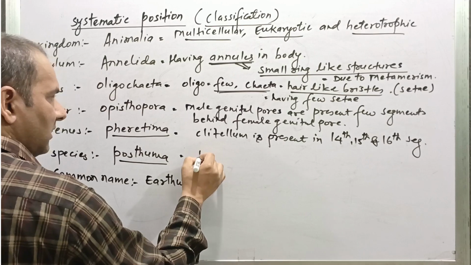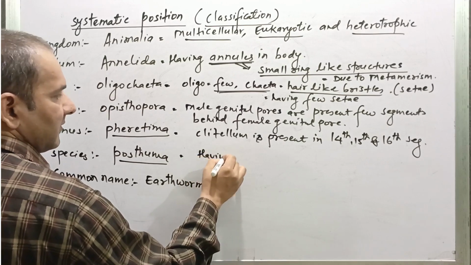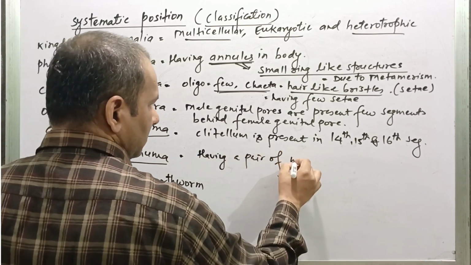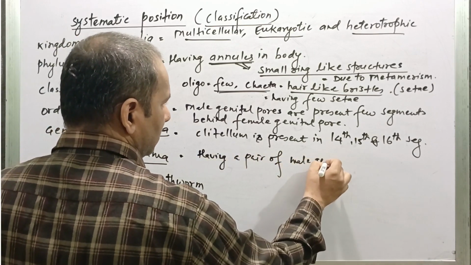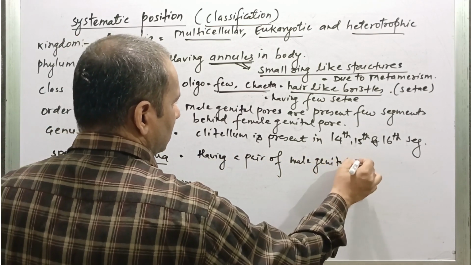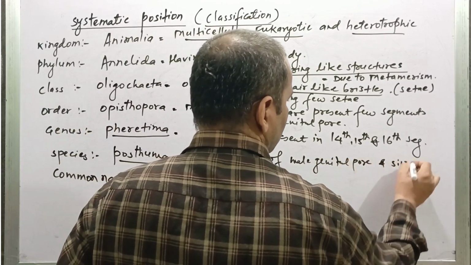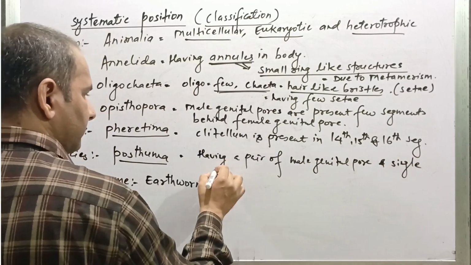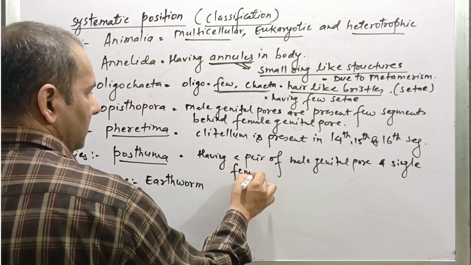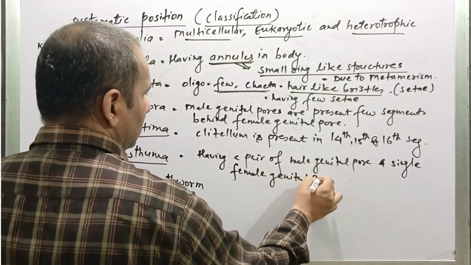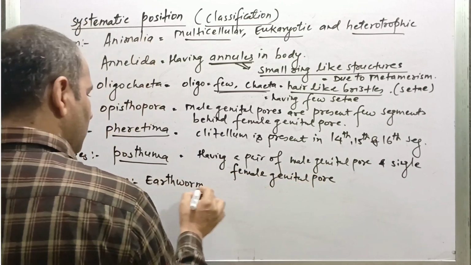Posthuma means having a pair of male genital pore and single female genital pore.